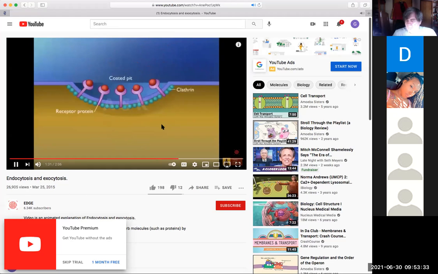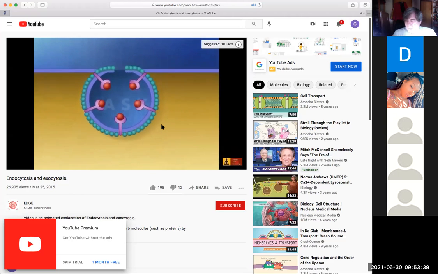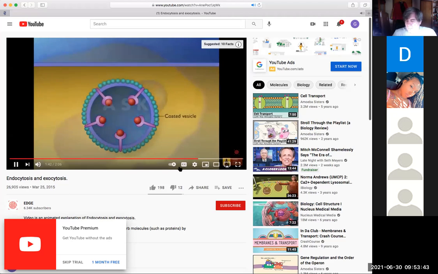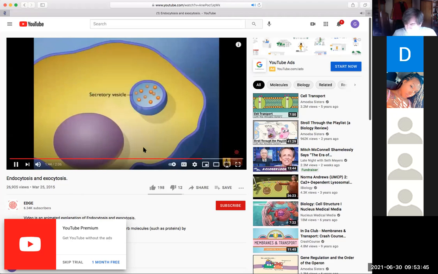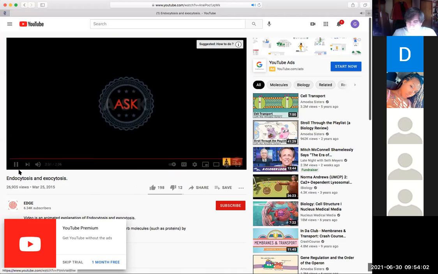When an appropriate collection of molecules gathers in the coated pit, the pit deepens and seals off to form a coated vesicle, which carries the molecules into the cell. Exocytosis is the reverse of endocytosis. This process results in the discharge of material from vesicles at the cell surface to the outside of the cell. Thank you for watching this video.